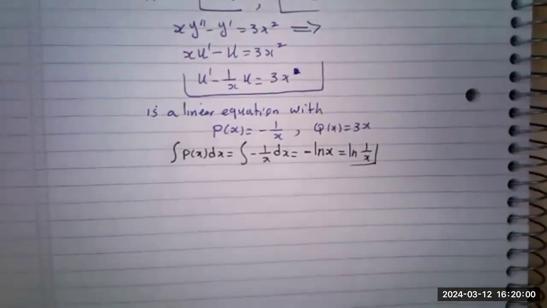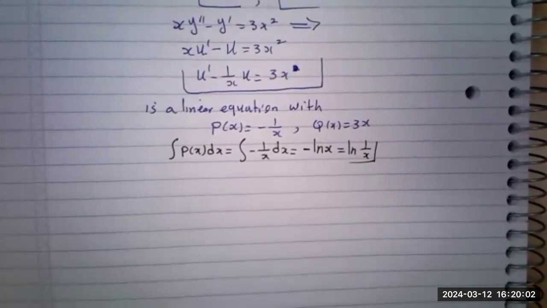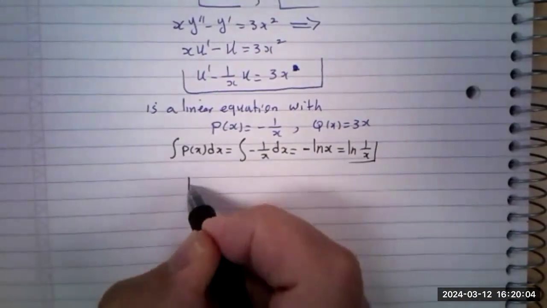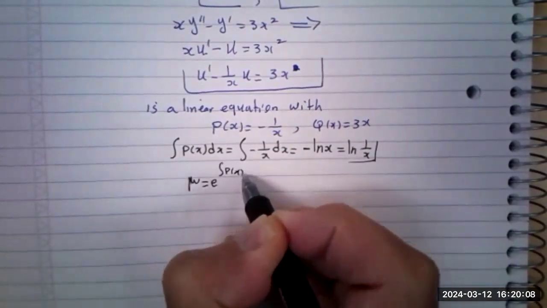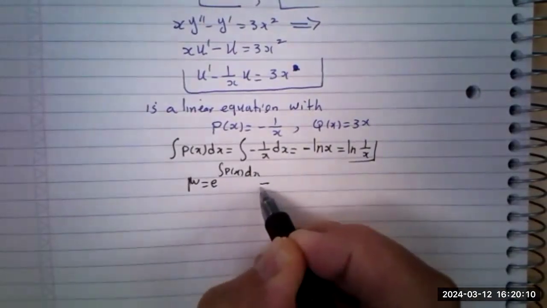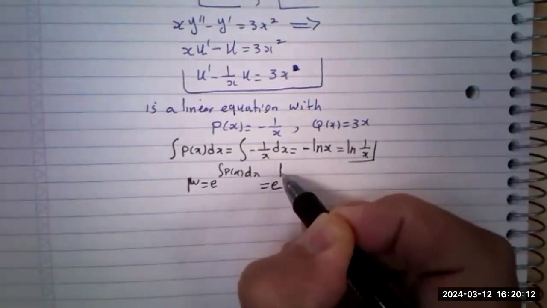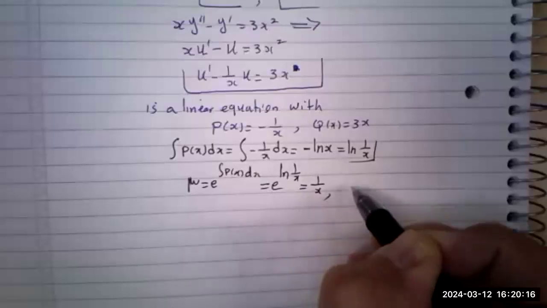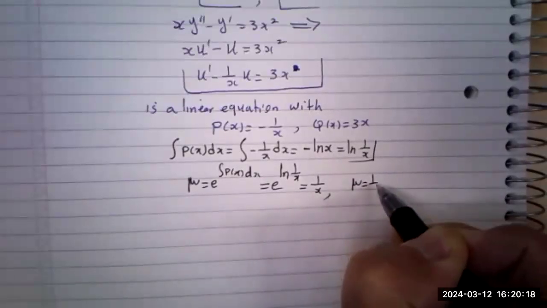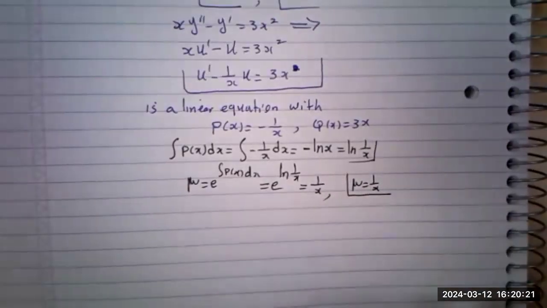That's the integral of p dx. Then you bring the integrating factor mu, which is equal to e to the integral of p dx. So it's going to be e to the ln of 1 over x, which is 1 over x. So your mu is 1 over x for the linear equation.